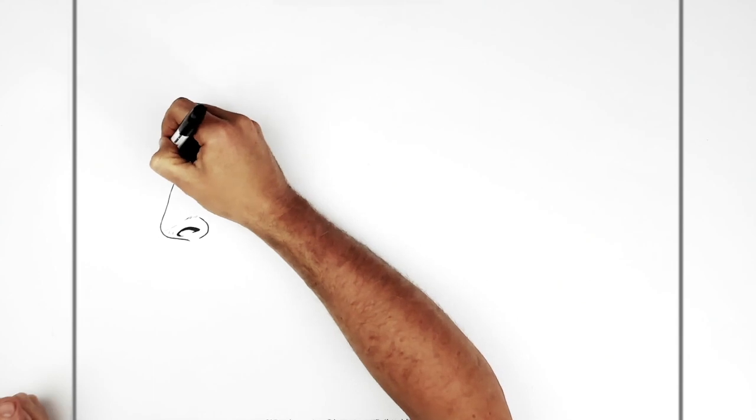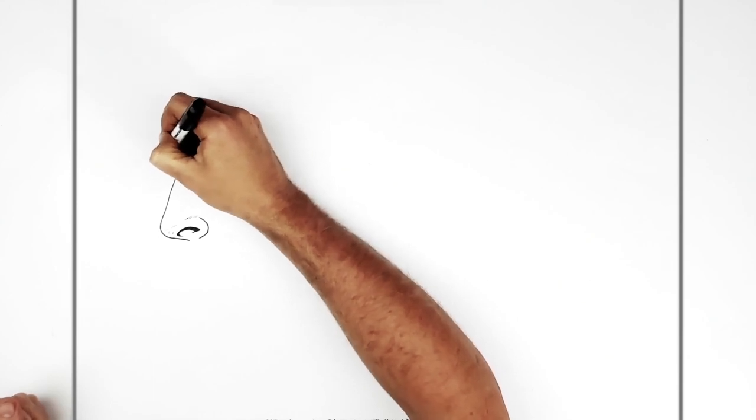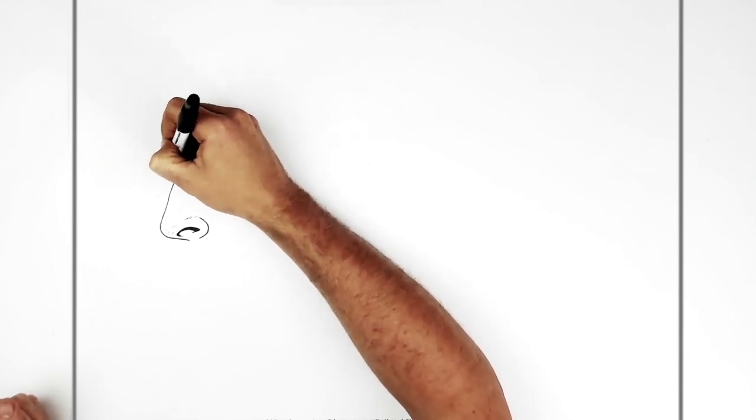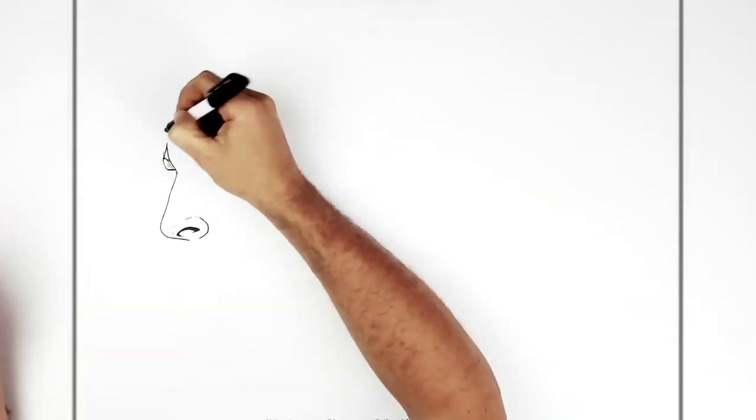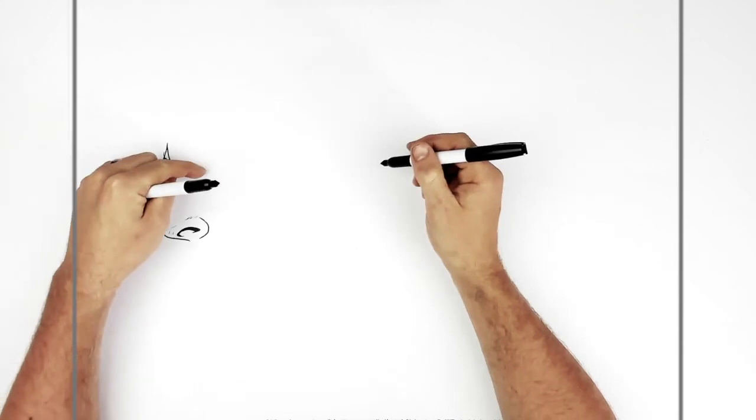And just the hairline of his forehead just there. Okay, so that's his brow on the other side, and his eye is just across, just in here.